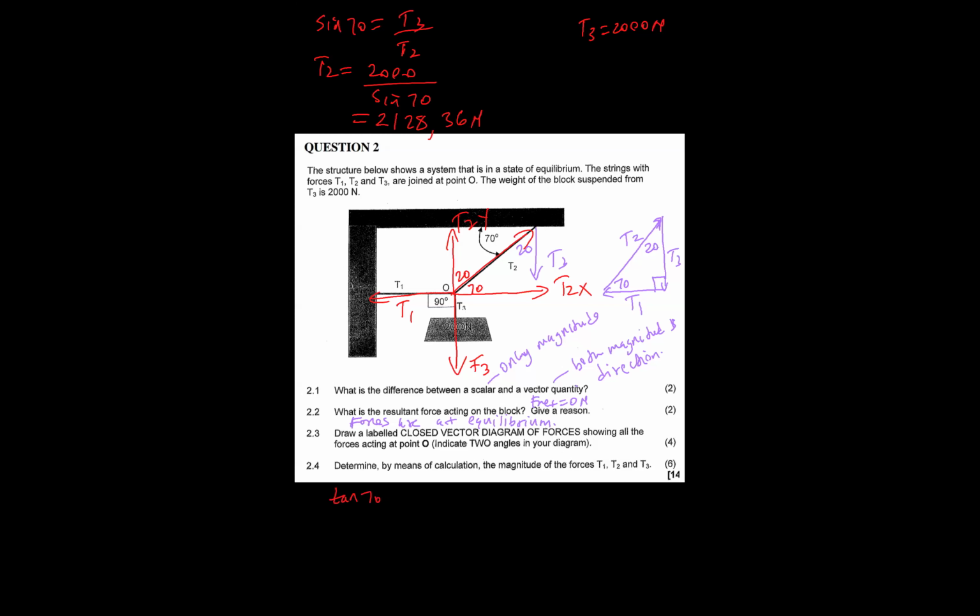Tan of 70 is opposite, which is T3, over adjacent, which is T1. So T1 is 2000 over tan 70, which is equal to what? 2000 over tan 70.